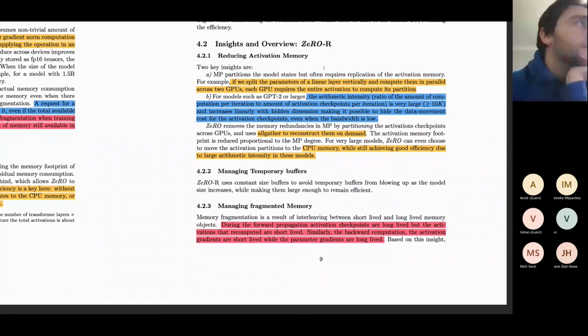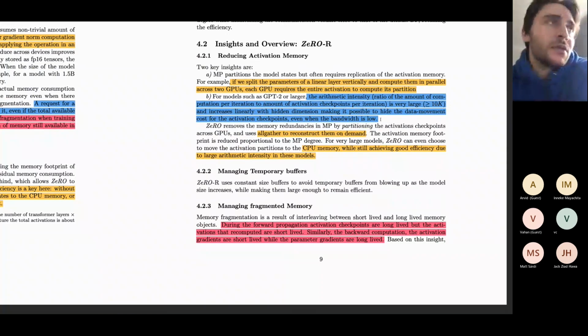It says, for models such as GPT-2 or larger, the arithmetic intensity, the ratio of the amount of computation per iteration to the amount of activation checkpoints per iteration, is very large, 10K larger, and increases linearly with hidden dimension, making it possible to hide the data movement cost for activation checkpoints, even when the bandwidth is low.